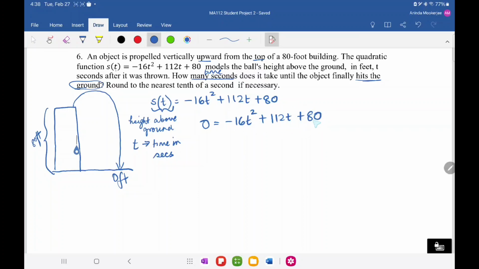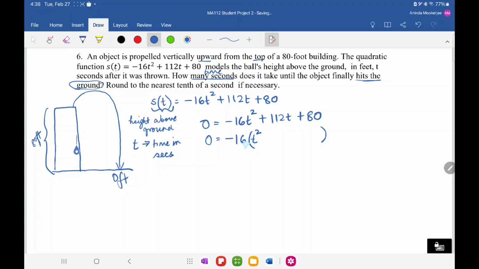We see that minus 16 is common to all three terms. So I'm going to factor out minus 16 from this trinomial, and within brackets I'm going to have t squared. Now, for the next one, 7 times negative 16 is 112.